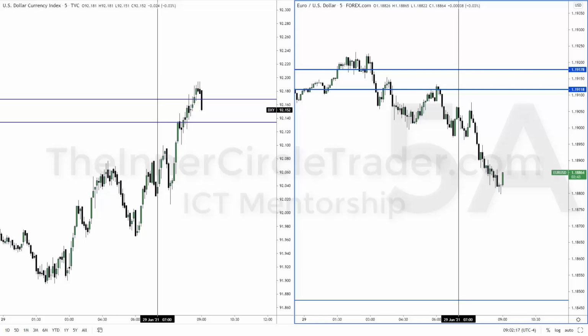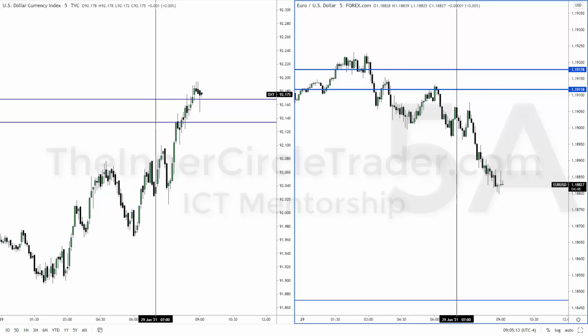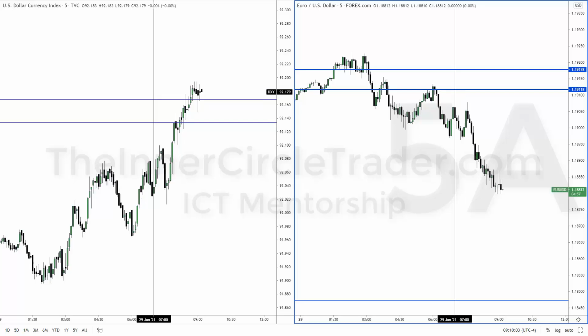Alright, now we're back inside of the hourly fair value gap in the form of a sell side imbalance, buy side inefficiency for dollar. Notice the return back to consequent encroachment of the sell side imbalance, buy side inefficiency on the dollar.